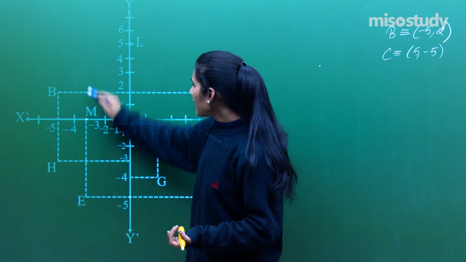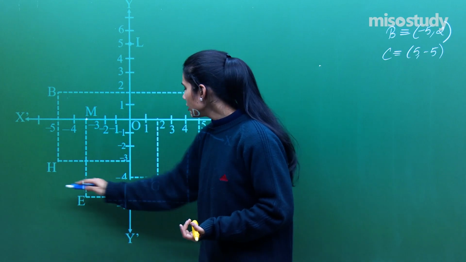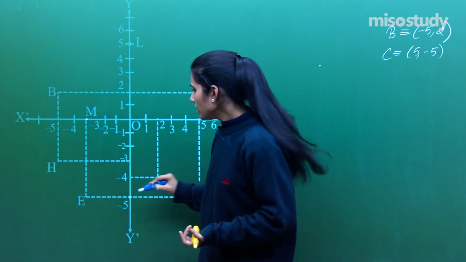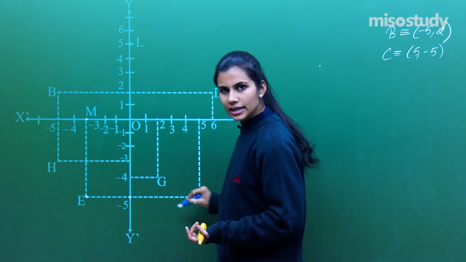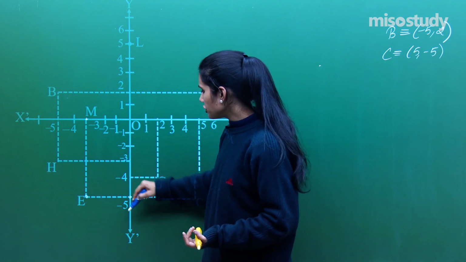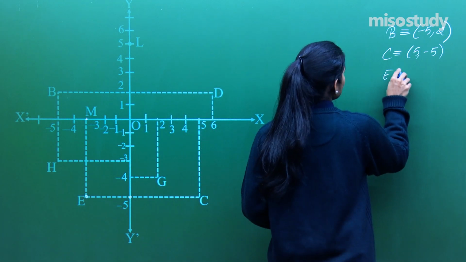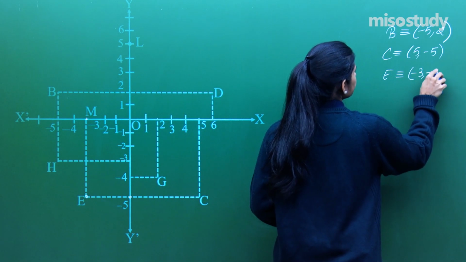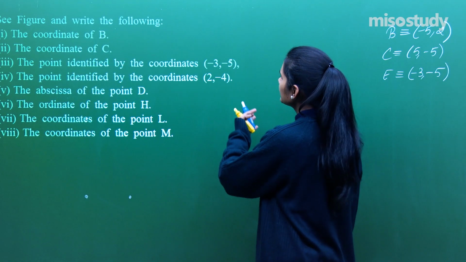You draw a line parallel to the y-axis passing through -3, and a line parallel to the x-axis passing through -5. Both these lines are going to intersect each other at this point, and this point is your -3, -5. That means point E is -3, -5.